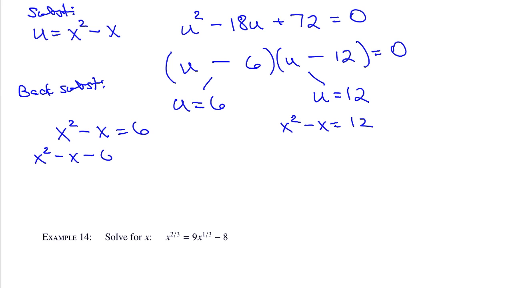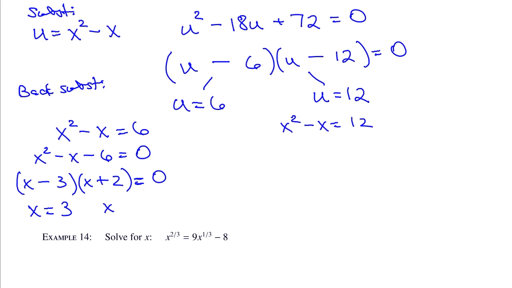It comes over as a negative, and then factor. So we get x and x, 3 and 2, and we have to subtract. We need 3 to be the negative, so it's going to be x minus 3 times x plus 2. That gives us the answers x equals 3 and x equals negative 2.